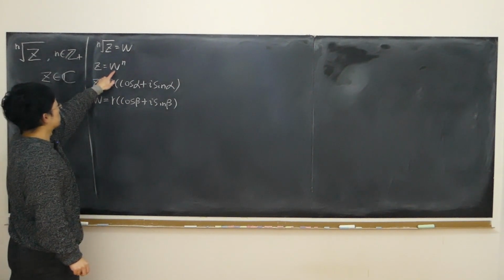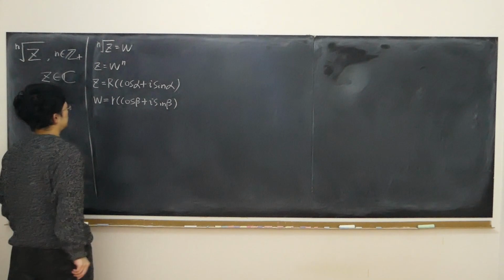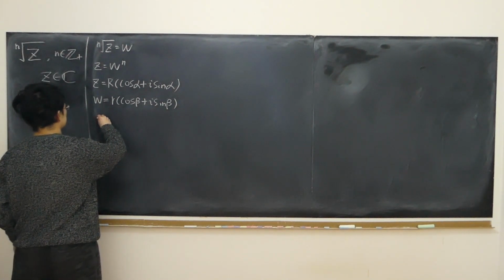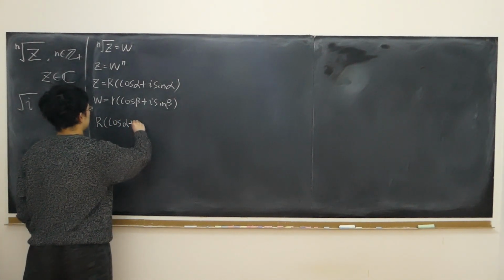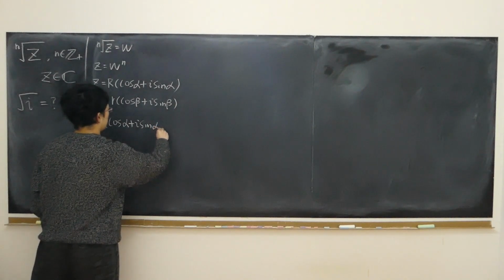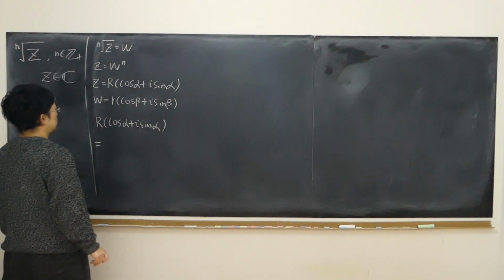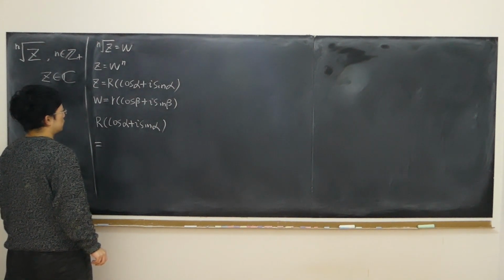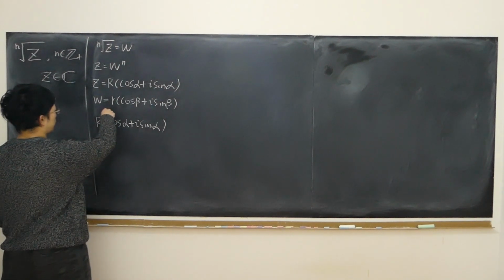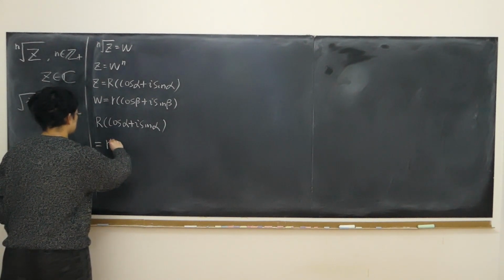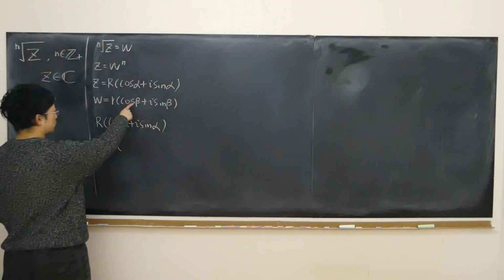So this relation tells us that z equals w to the power of n. So R times cosine alpha plus i sine alpha is in fact equal to w to the power of n, and according to de Moivre's rule, our new complex number's length should be little r raised to the power of n, and the angle should be the original angle times n.